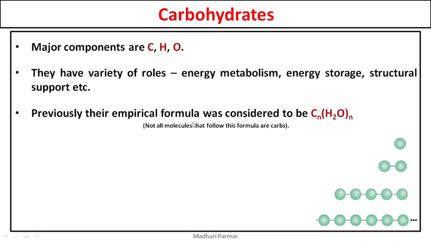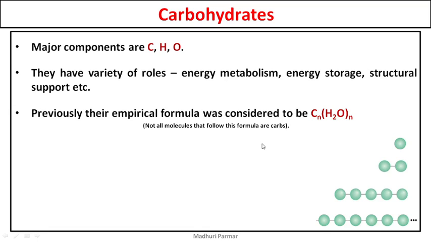Previously, their empirical formula. I hope you know what empirical formula means. Empirical formula is your normal formula which you have shortened to make it easier for you to understand. So the empirical formula or the common formula was considered to be CnH2On. Cn, n here can be any number, and then H2On.